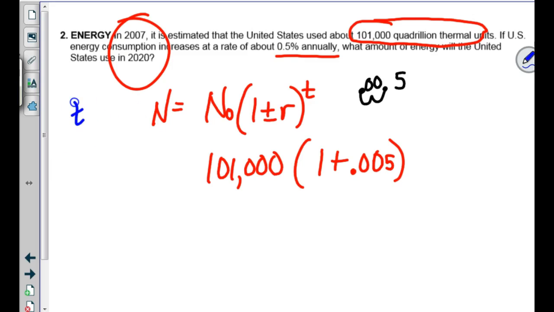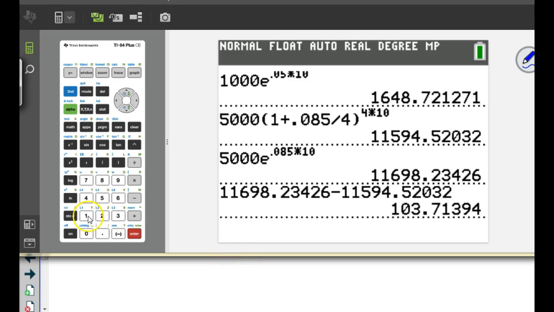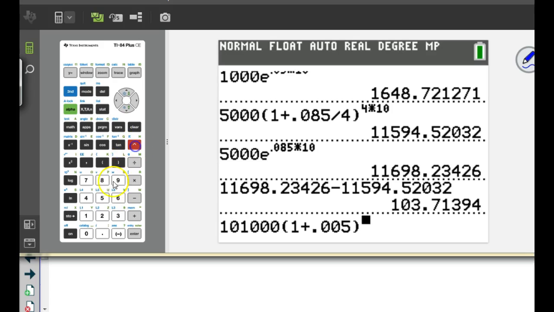Our T would be 2020 minus 2007 or 13. 101,000 times 1 plus 0.005 or just 1.005 all to the 13th power.